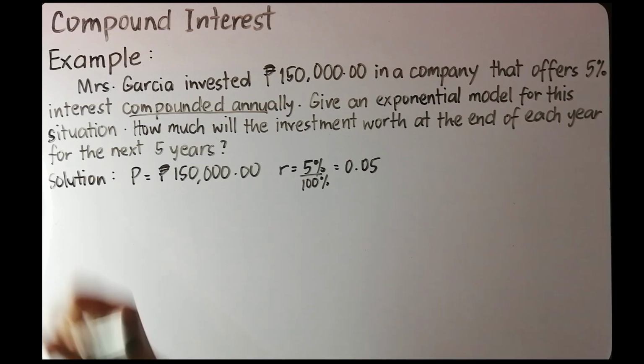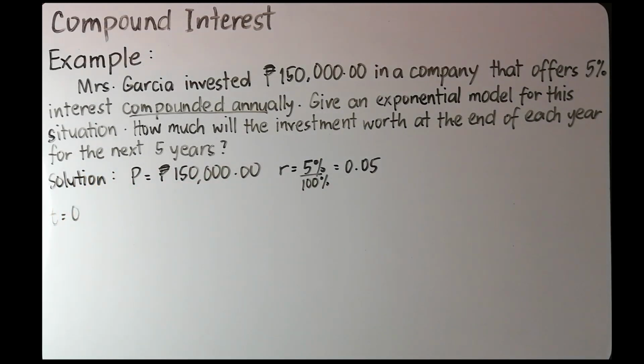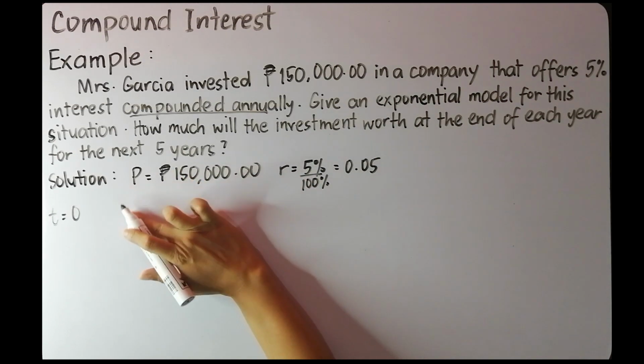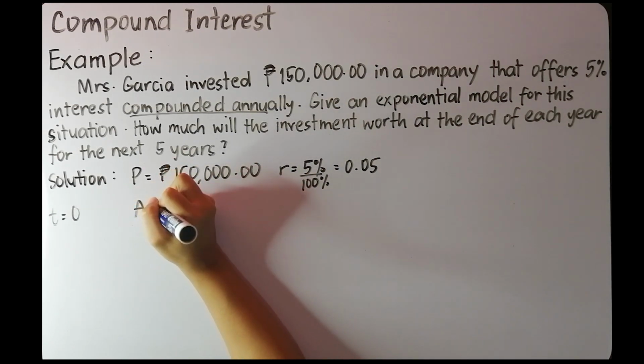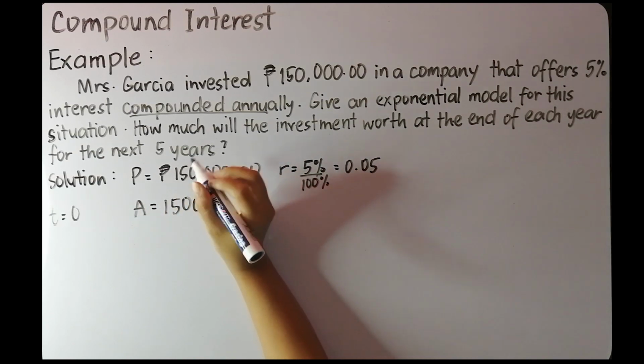Let's have t equals 0. Initially, you have the amount, which is equal to 150,000.